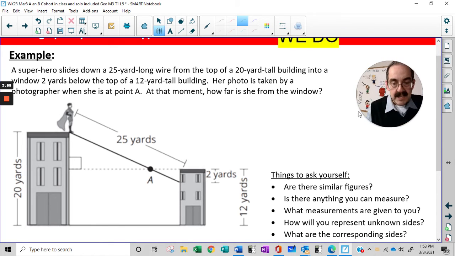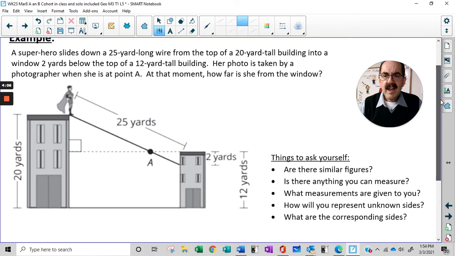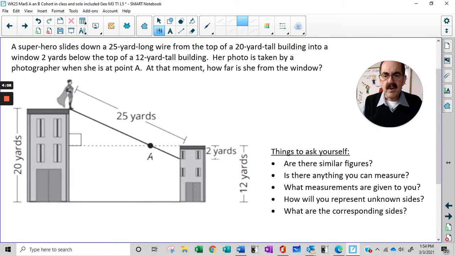Okay, welcome back. Now, what did we see for similar figures? Because this is going to get kind of messy, I'm going to go down here and draw the big triangle and a little triangle. The first thing I want you to realize is vertical angles.